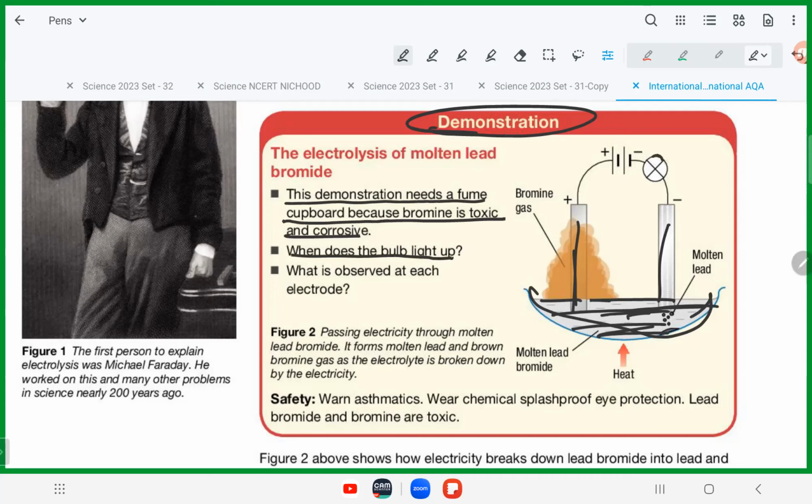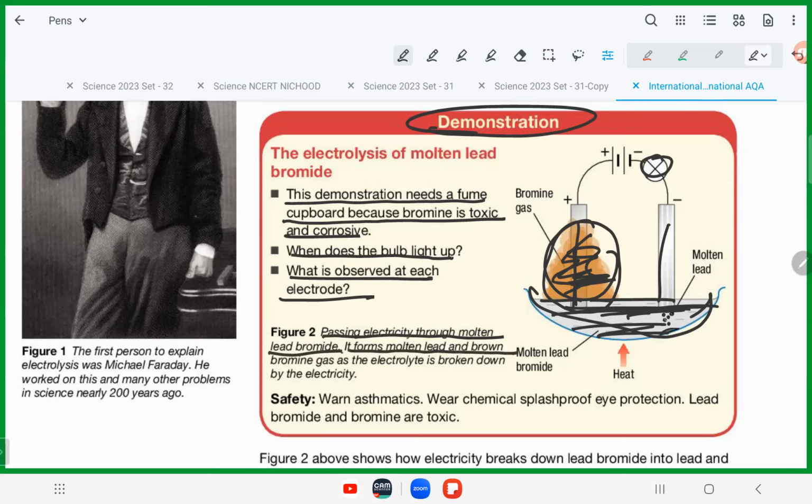When you are supplying the electricity, the bulb lights up. What is observed at each electrode? Each electrode will have a reaction. Bromine is evaporating, a brown gas, right? When you pass electricity through molten lead bromide, it forms molten lead, Pb, and bromine gas, as the electrolyte is broken down by electrolysis. The bromine gas is going to evaporate.